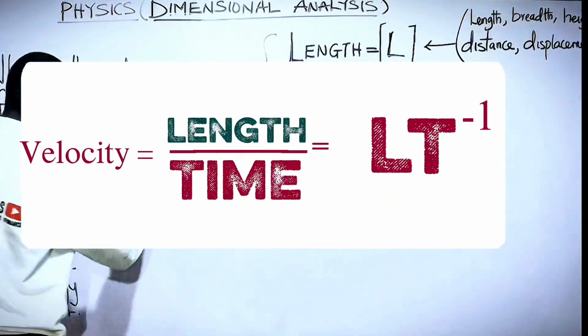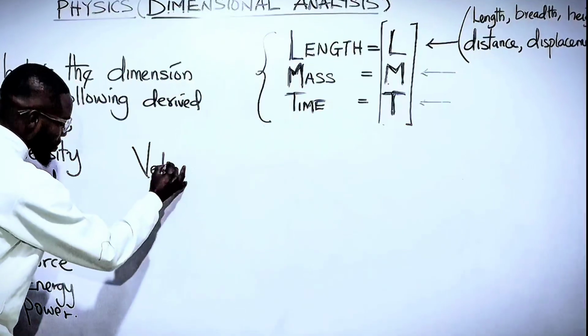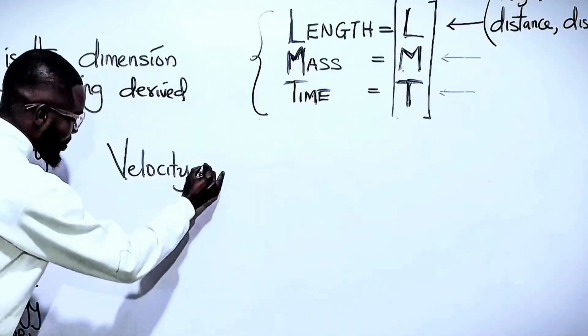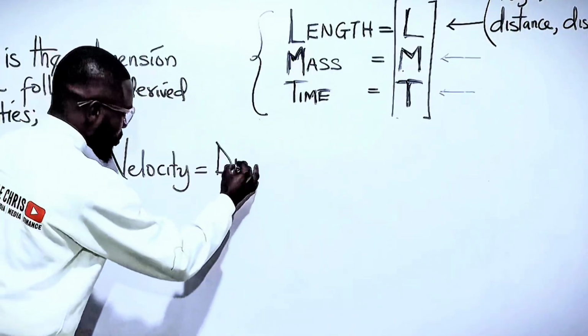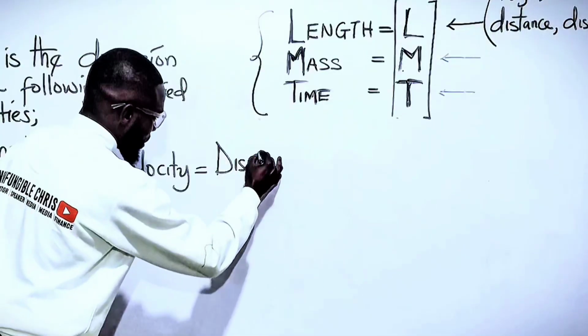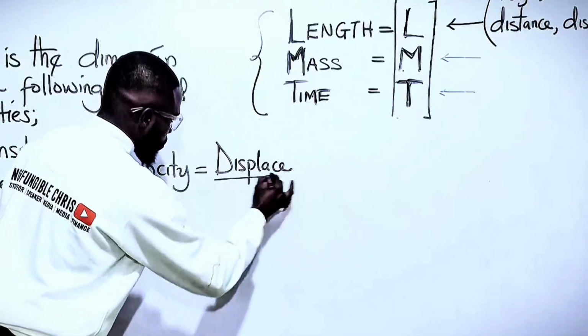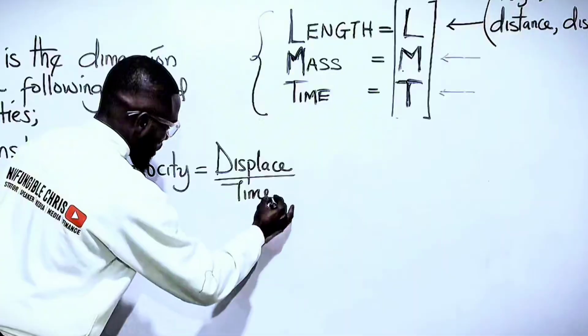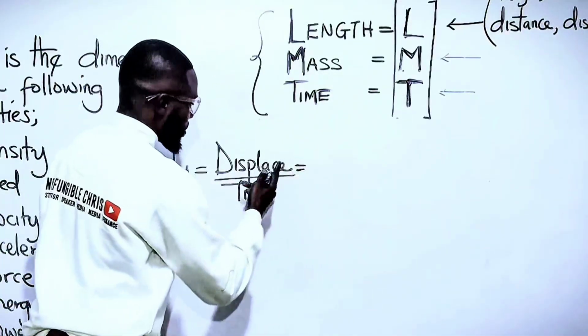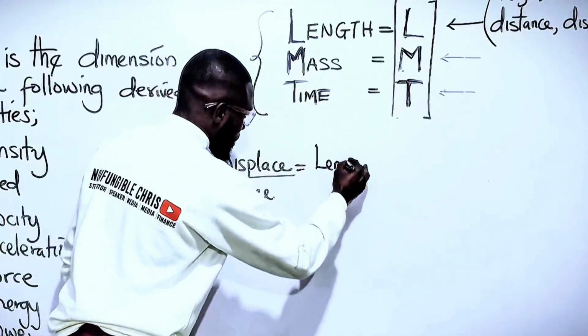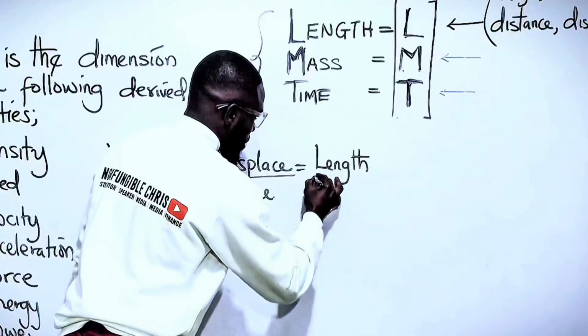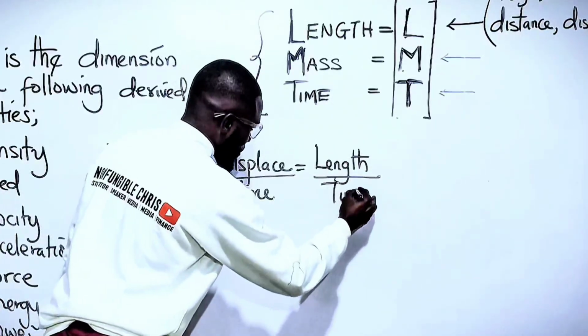For velocity, it is the same thing as displacement over time, and displacement can be exchanged for length over what? Time.